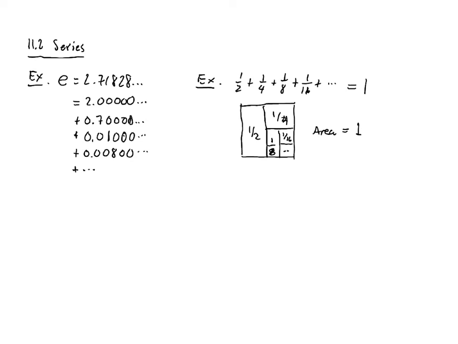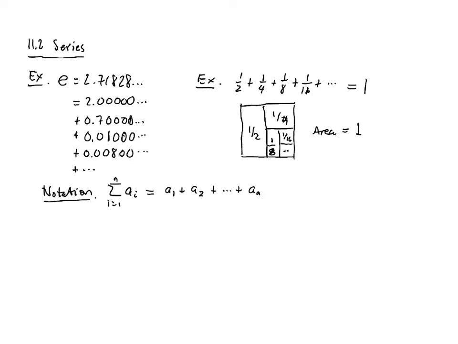Before we move on, let's have a little bit of notation. If I write the summation i equals 1 to n of a sub i, I'm using the notation that we already saw for sequences. This is shorthand for the first term of the sequence plus the second term of the sequence, all the way up to the nth term of the sequence.